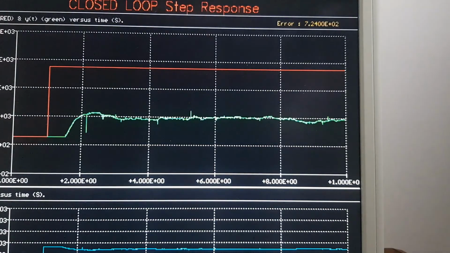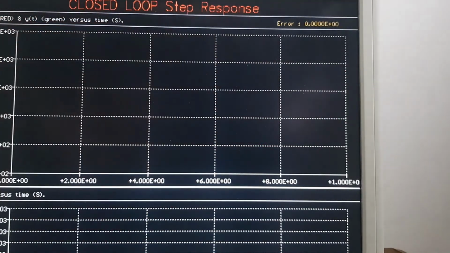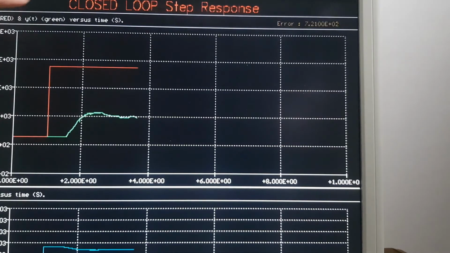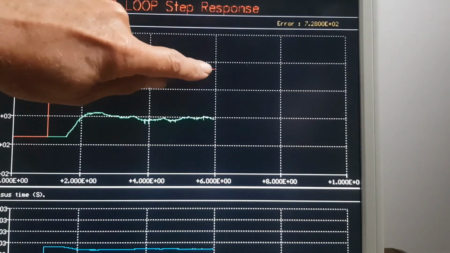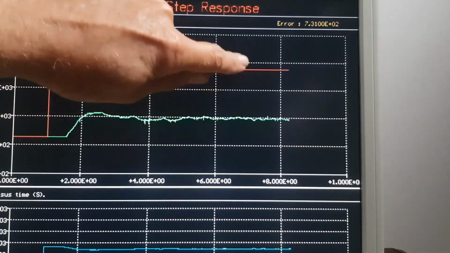So this is a proportional gain of 0.4, and this distance here from the red line to the green line is called the steady state error.